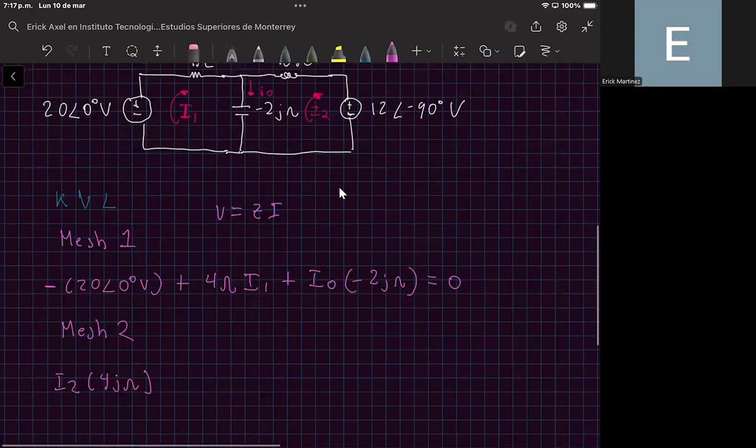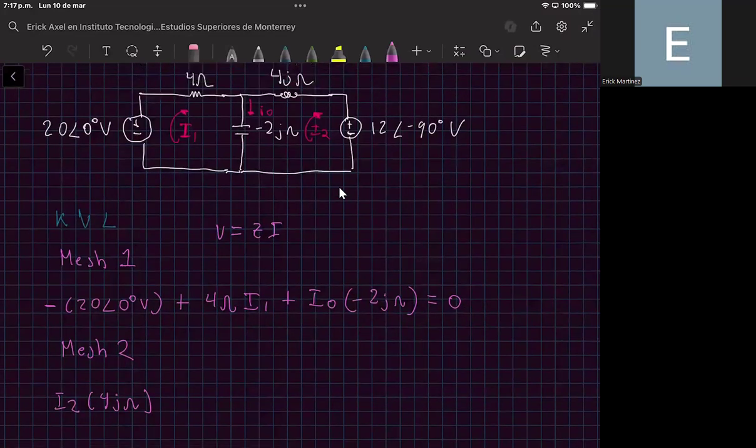Okay, and you can see that this current I2 is flowing through the positive to the negative terminal. So in this case, and that is why it is very important that you see the direction of the current, since the current is entering through the positive terminal, I will place a plus sign, okay? So we have here 12 with an angle of minus 90 degrees volts, okay?